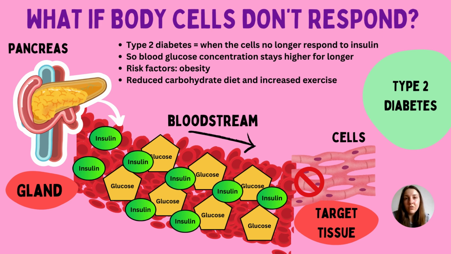And this, again, is a good indicator of if someone has type 2 diabetes, because glucose levels stay very high for longer as well. So to help these people with type 2 diabetes, they will need to exercise more and reduce the carbohydrates in their diet, as this condition essentially develops over time through particular lifestyles like an increased carbohydrate diet and also lack of exercise.